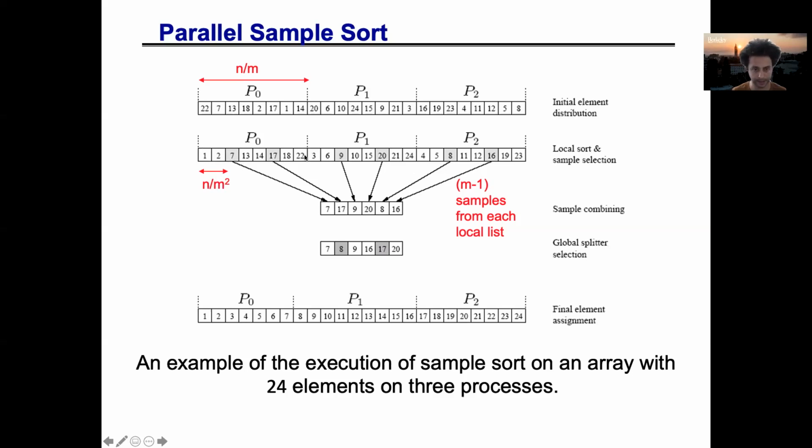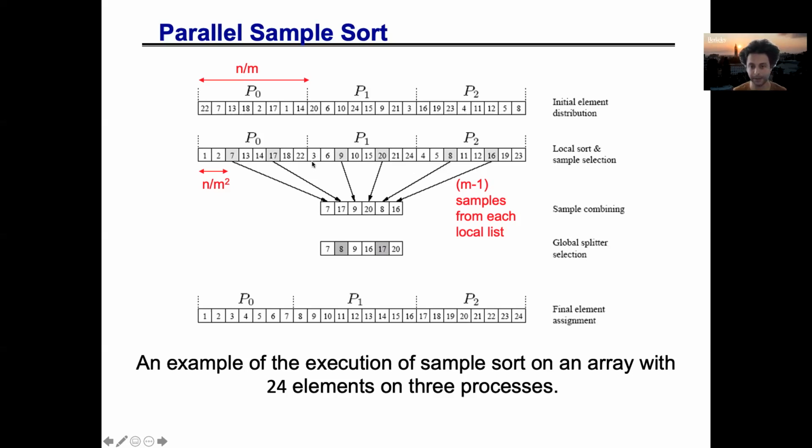Why? Because the local list is N over M, and I am larger than 1 over M of it, the way I chose the sample. So this entry is larger. And similarly, the entry here, 9, is going to be larger than or equal to N over M squared elements. Again, and larger or equal to the same for the other samples.